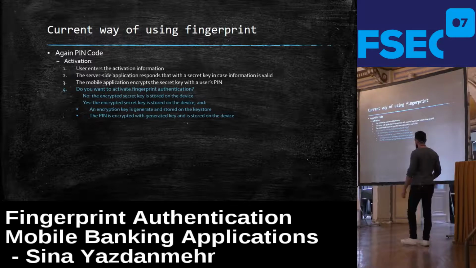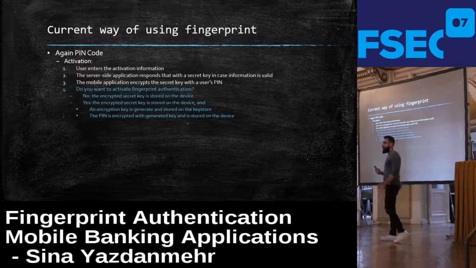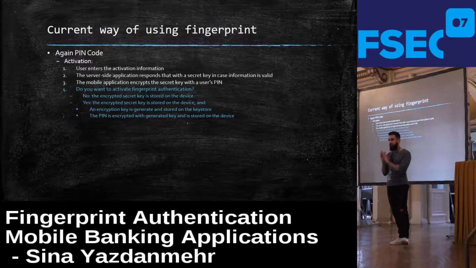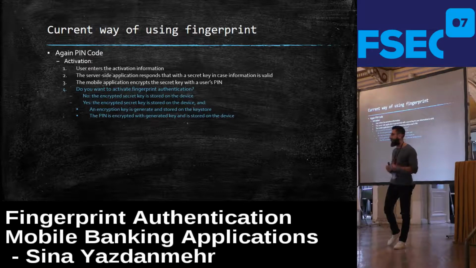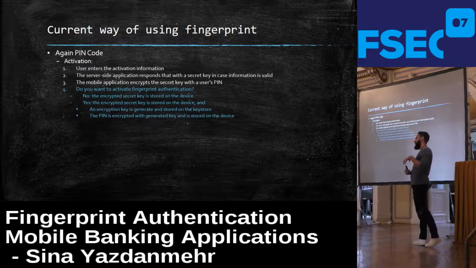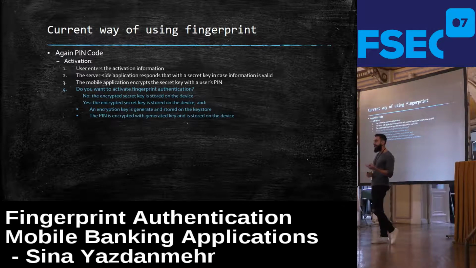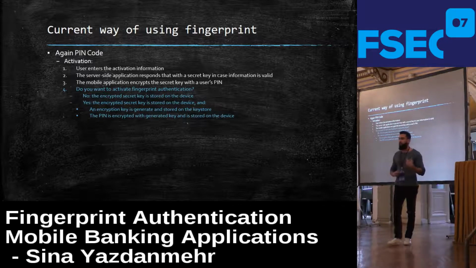After that, depending on hardware availability, it first checks if the device supports fingerprint or not. In case of support, the application asks the user if they want to enable the fingerprint authentication feature or not.